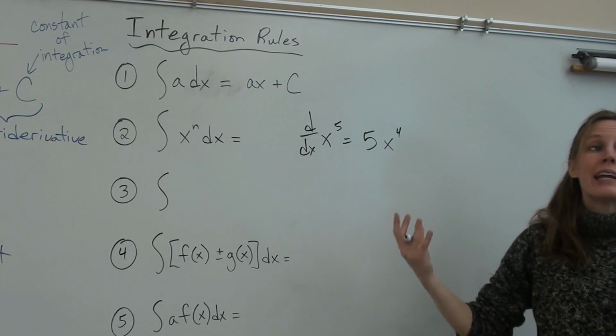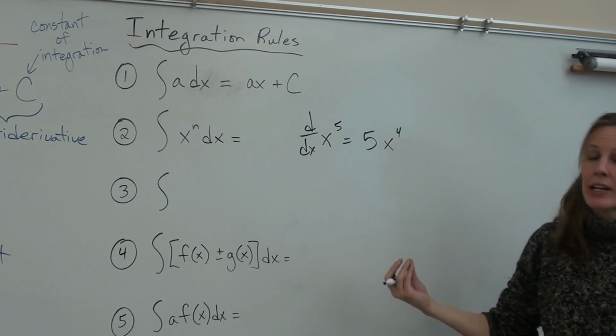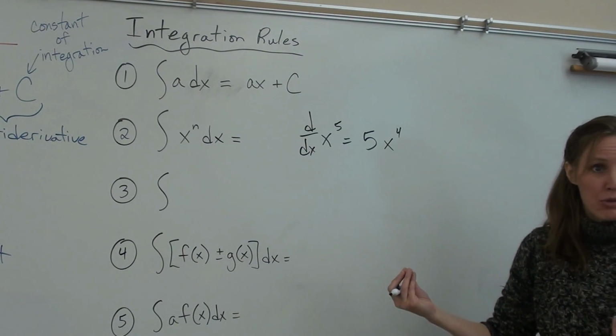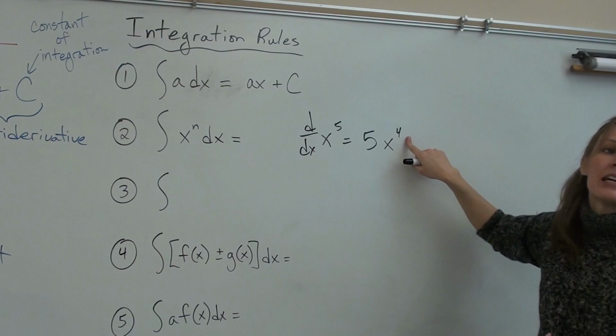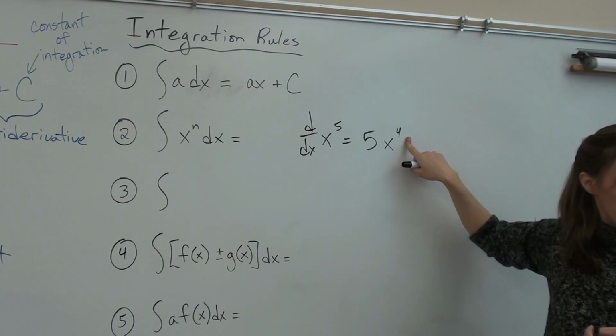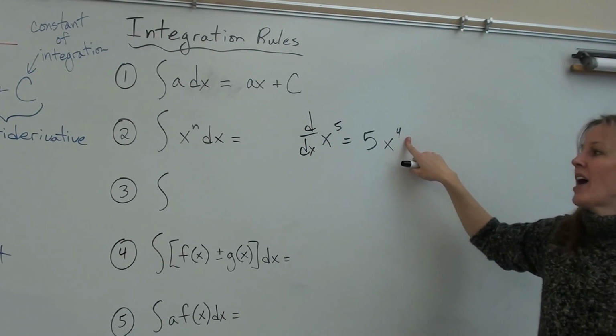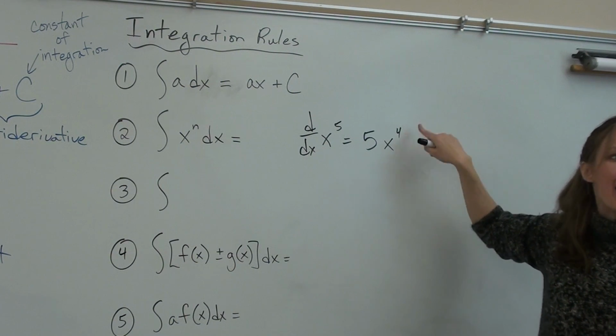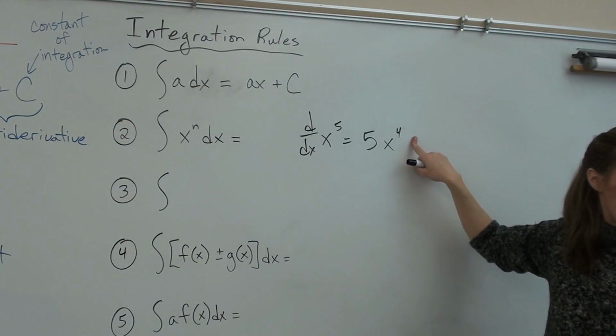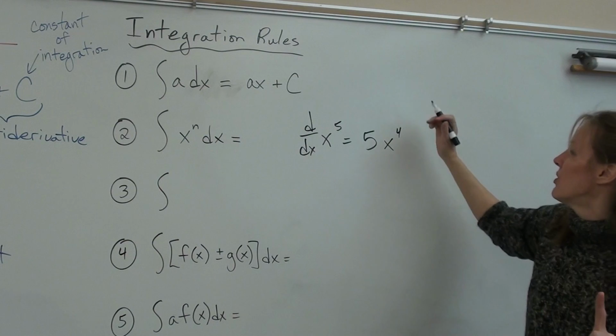When I'm doing an antiderivative, I have to do the opposite thing in the opposite order. The last thing I did was subtract 1, so the first thing I have to do with the antiderivative is add 1 to the exponent.